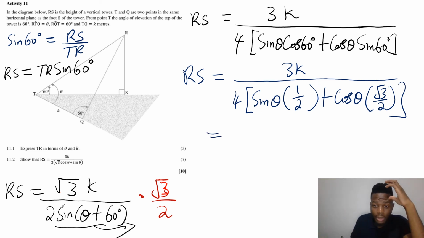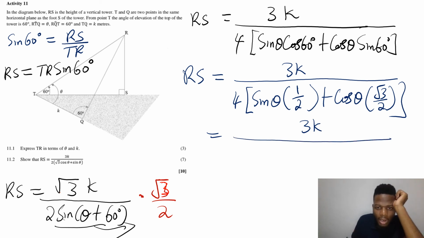So let's simplify this. Let me write 3k here, and let me factor out 1 over 2. 4 multiplied by 1 over 2 is going to give me 2. So I take this 4 and multiply by 1 over 2, and we get 2 sine theta.